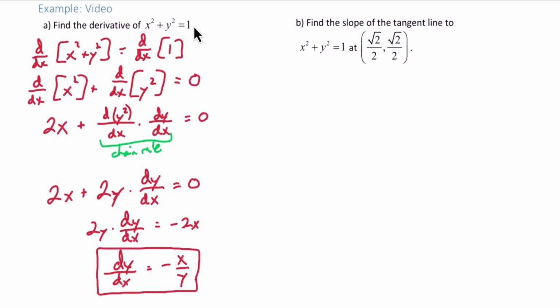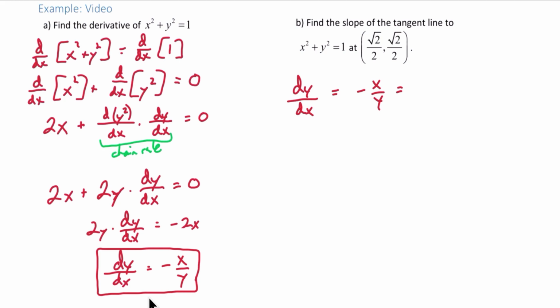Up next, we want to find the slope of the tangent line at a given point. Remember, the derivative tells you the slope of the tangent line at any given point. So we can use this derivative, dy/dx, and simply plug in what we know.